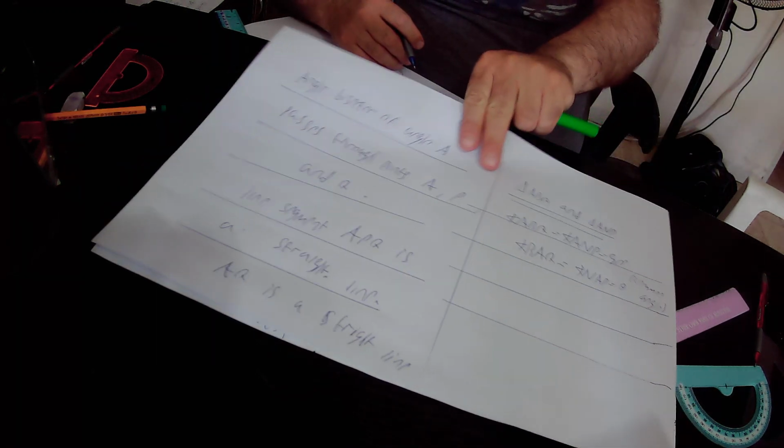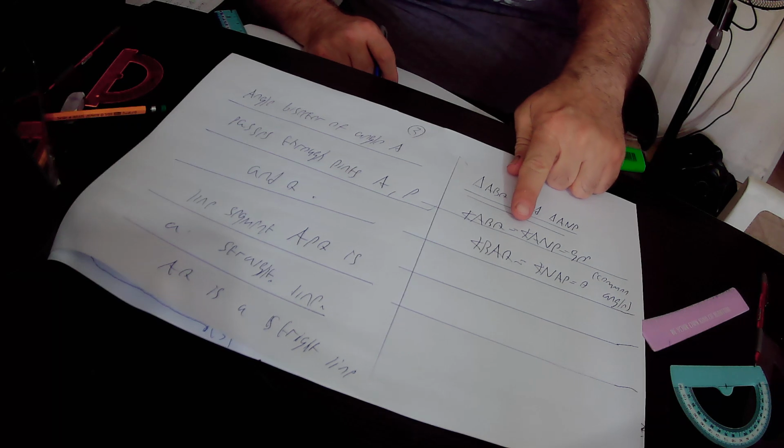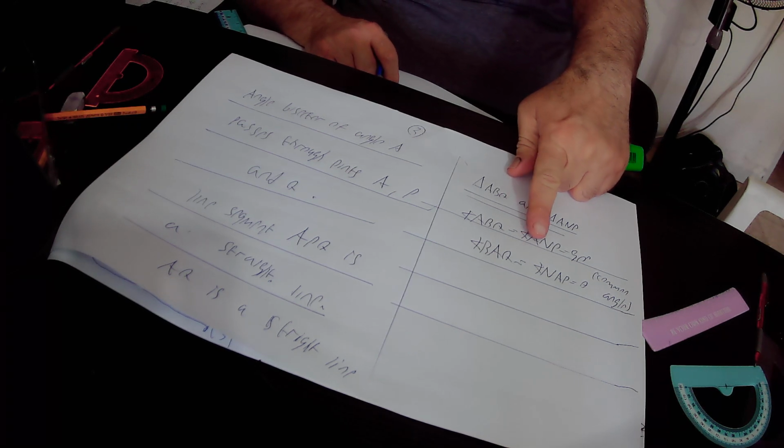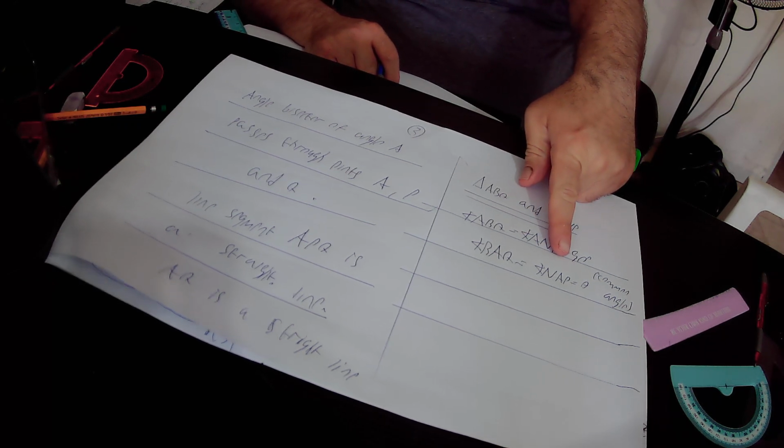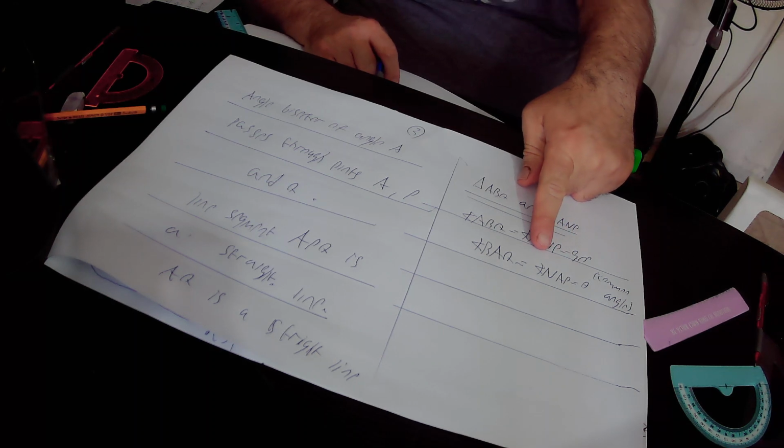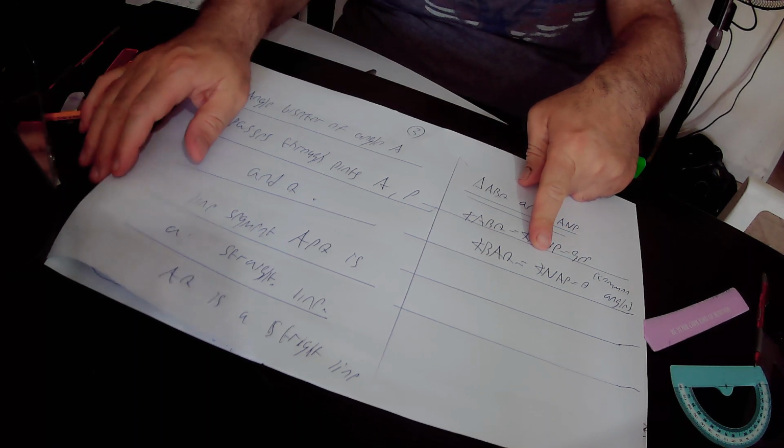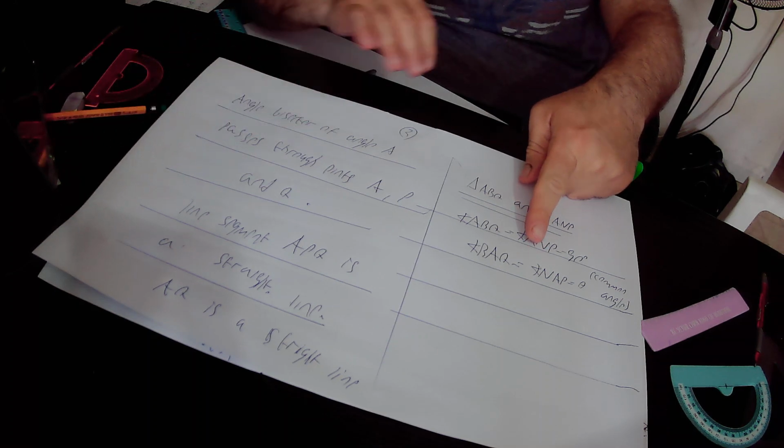Again, this equation means that angle theta equals itself. We just call angle theta by two different names. Angle theta equals itself as a common angle that belongs to both triangles.